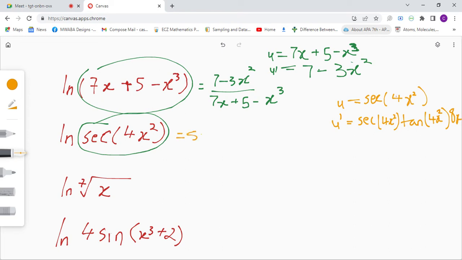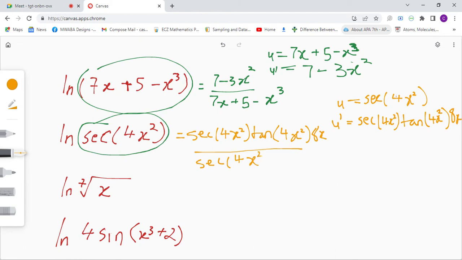So we say secant 4x squared tan 4x squared times 8x, divided by secant 4x squared.